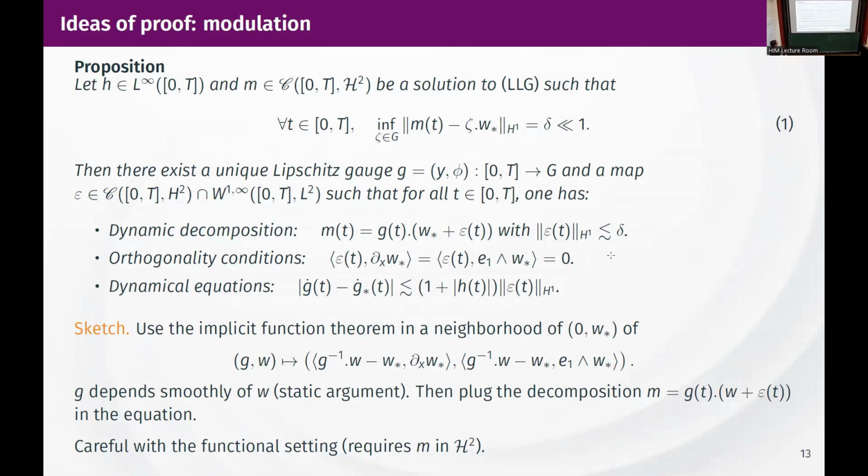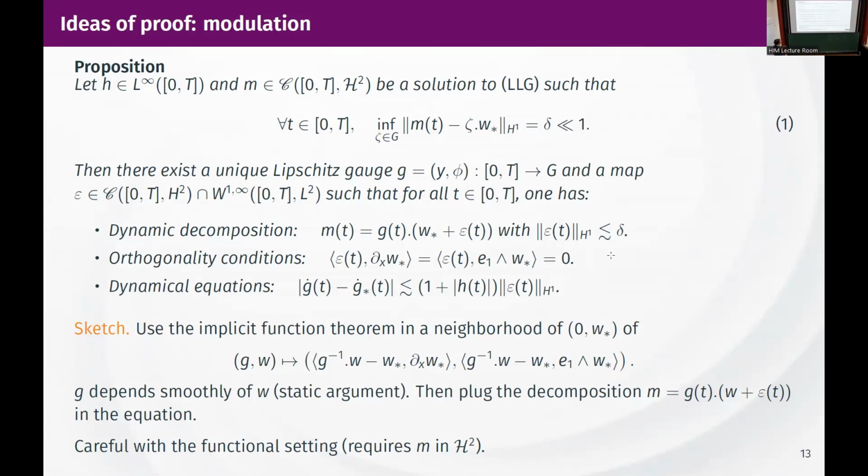And then you want the dynamical equation. So what you do is you plug in the equation this, and you do the scalar product with this guy and with this guy. And well, the derivative of the scalar product will make the components of G appear. And the terms will be at least linear in epsilon. And essentially, you cannot do parallel. When you perform the static arguments, you can do it at the level H1.